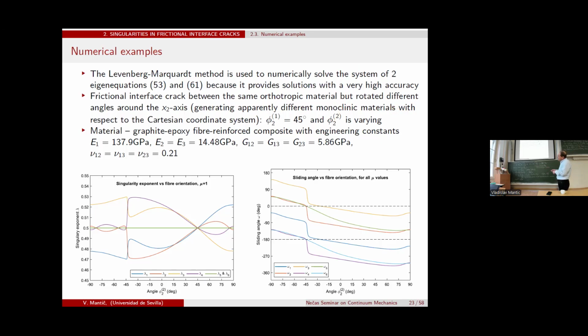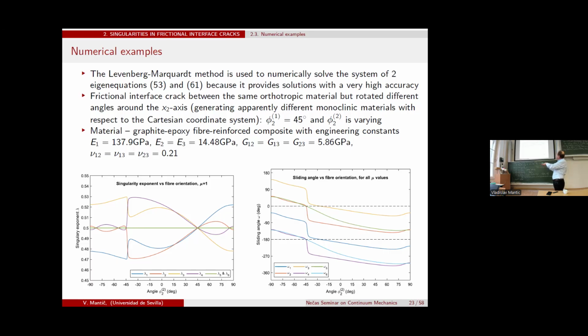We consider in this case an orthotropic material, which corresponds to a unidirectional composite lamina, which are rotated by different angles around axis 2. So we have initially two composite laminae with fibers which are parallel, and then we rotate them by some angle.